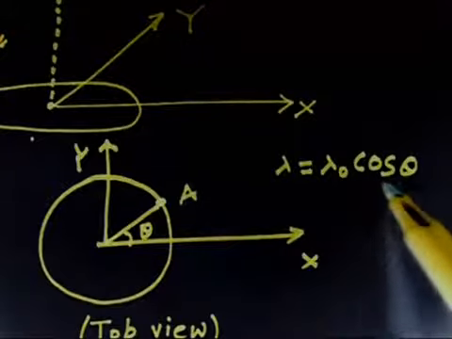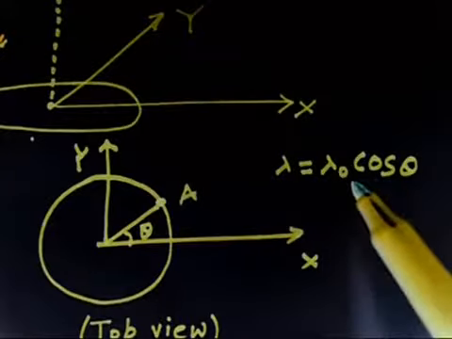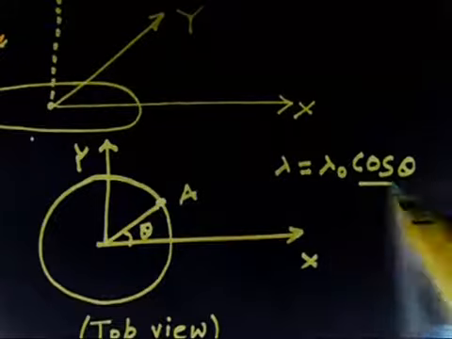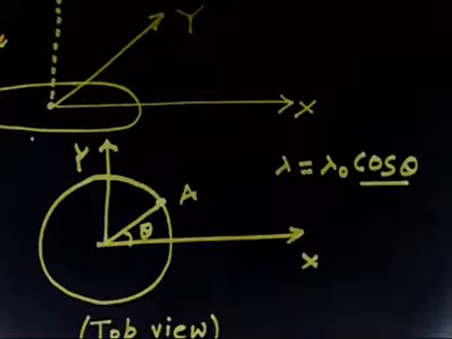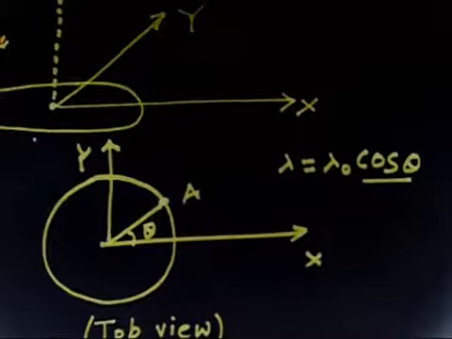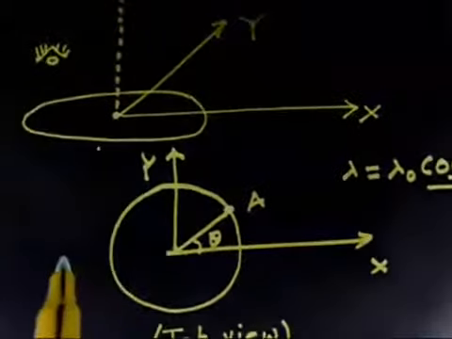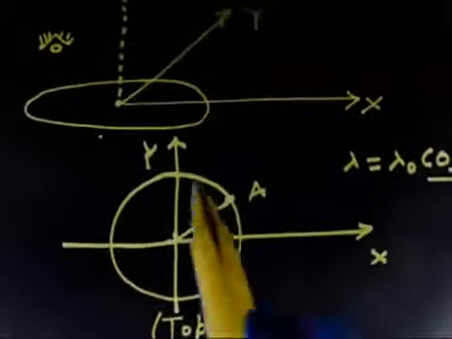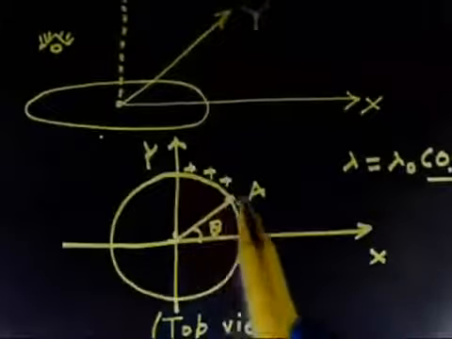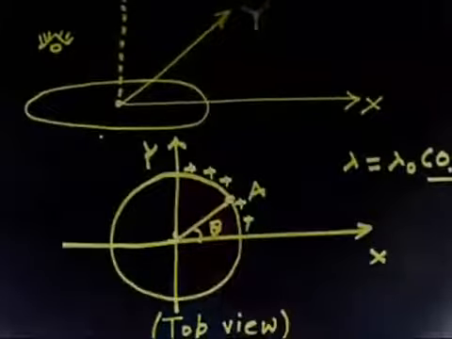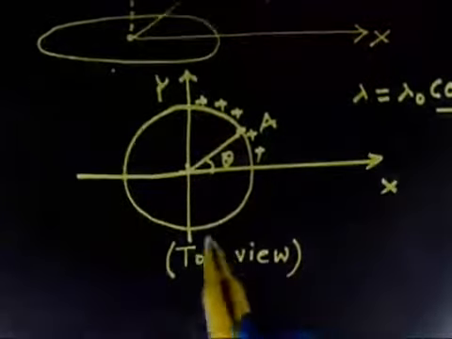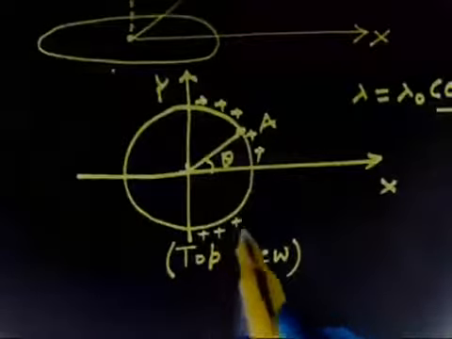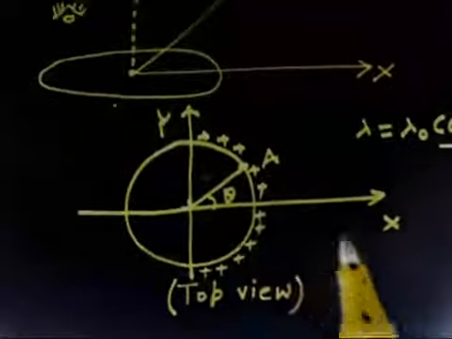So the first quadrant is positive, the second quadrant negative, the third quadrant negative, because cos theta changes its sign. The fourth quadrant is again positive, and the second and third quadrants are negative.